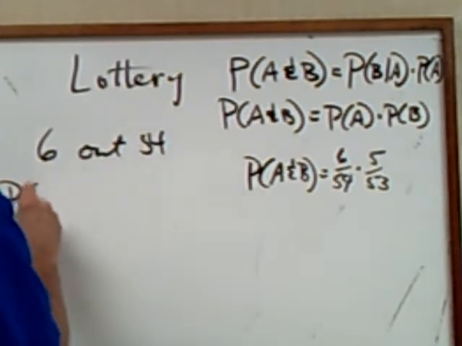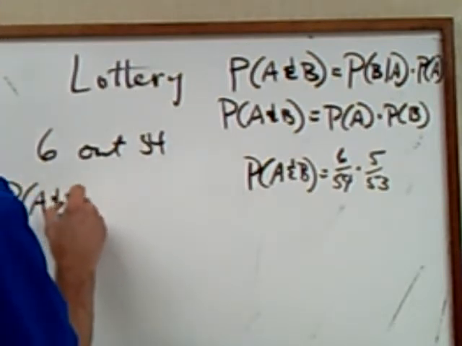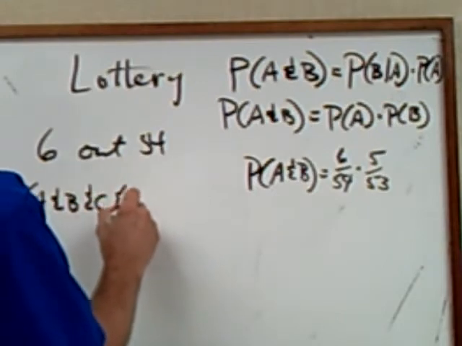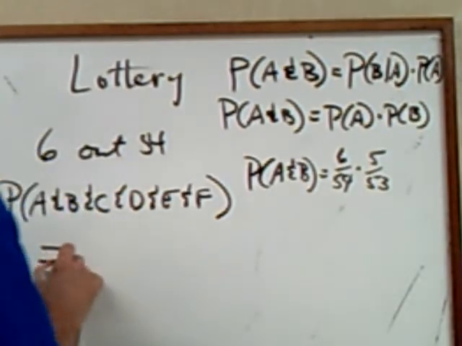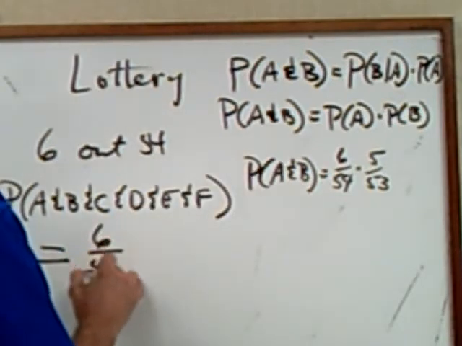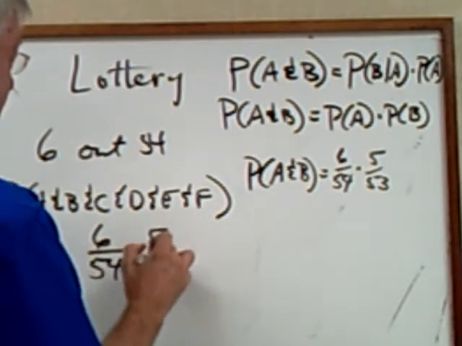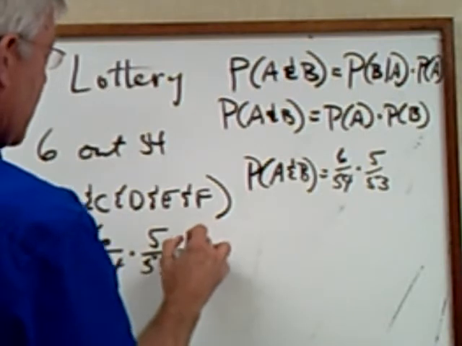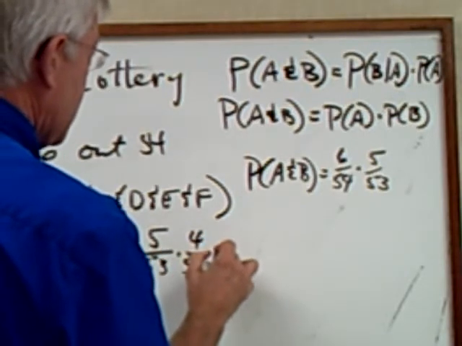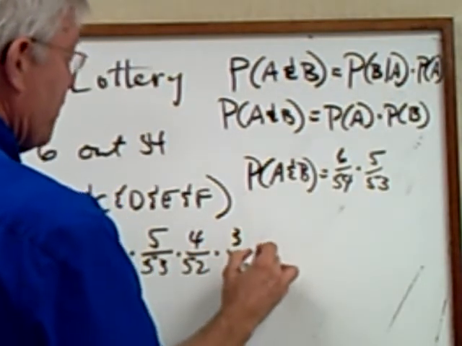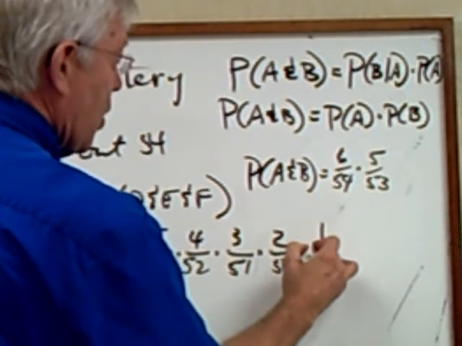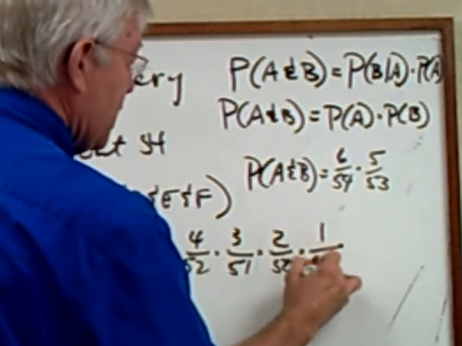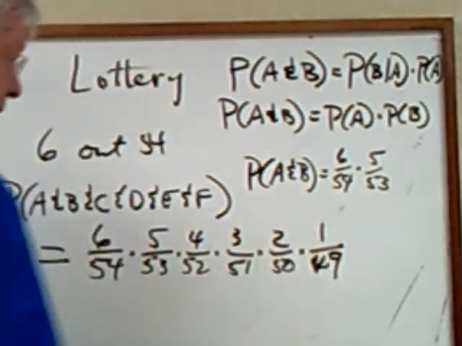Well, the probability of A and B and C and D and E and F is going to equal 6 54ths times 5 53rds times 4 52nds times 3 out of the remaining 51 times 2 out of the remaining 50 times 1 chance out of the remaining 49.